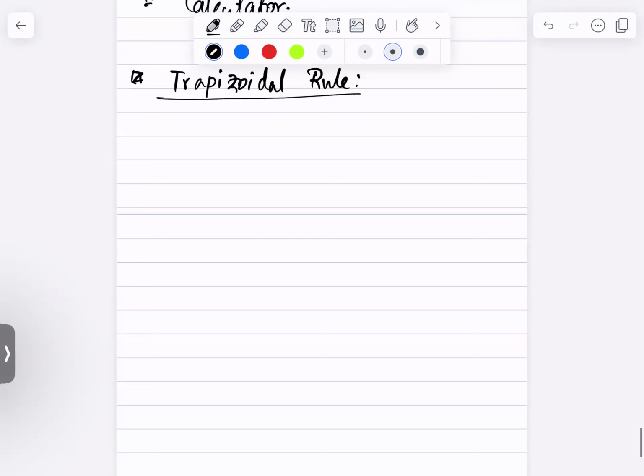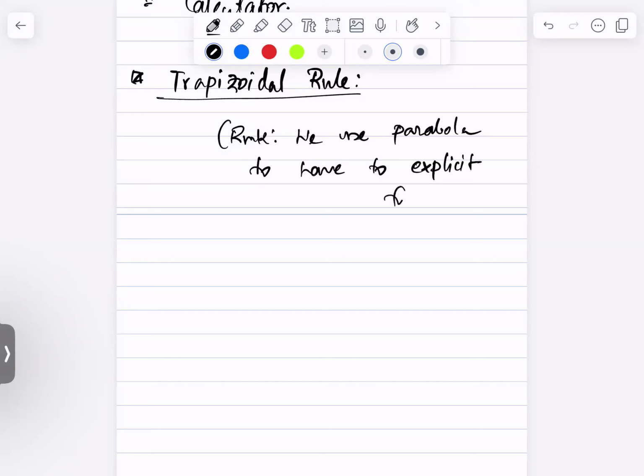Just one small remark is we use parabola to have the explicit formula for trapezoidal rule.